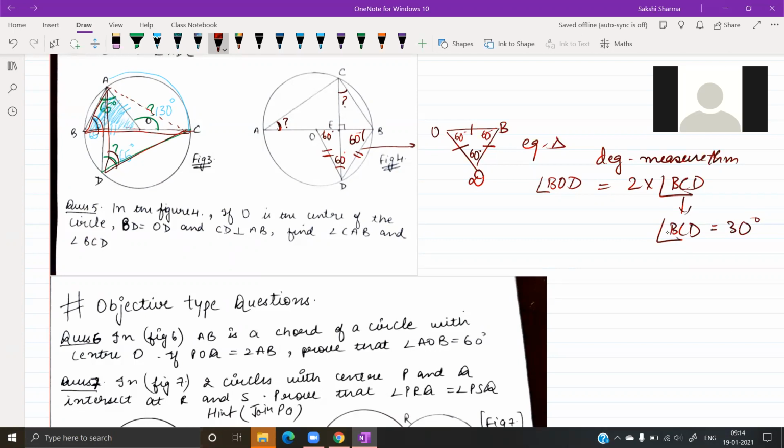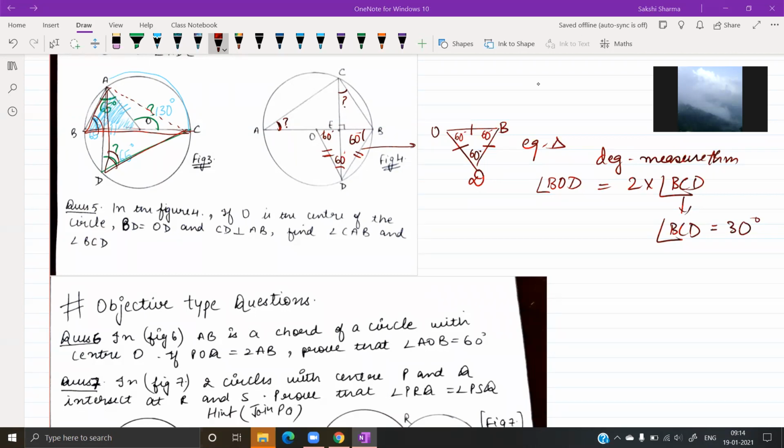Ma'am, in triangle DEB, CD is perpendicular to OB, it is also acting as an angle bisector there, so angle BDC will be 30 degrees. In triangle DEB, we can apply the angle sum property. That's right.